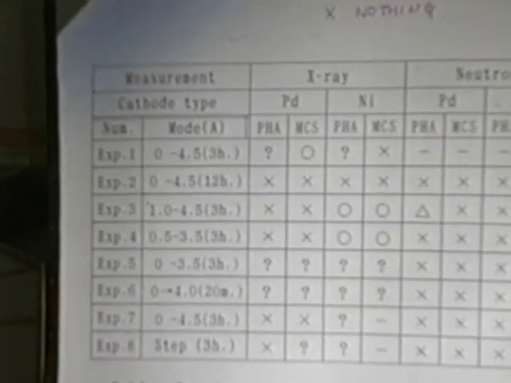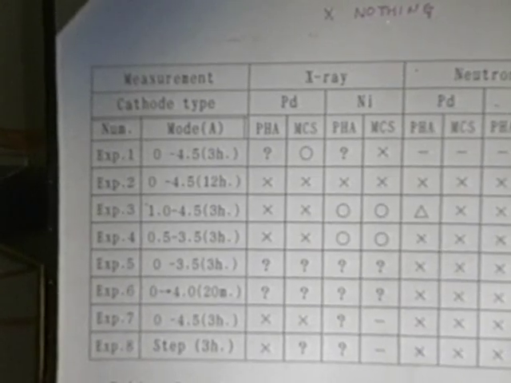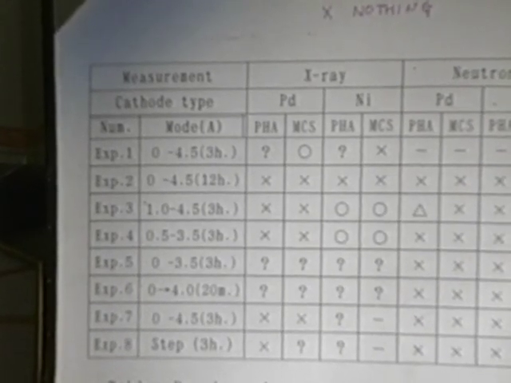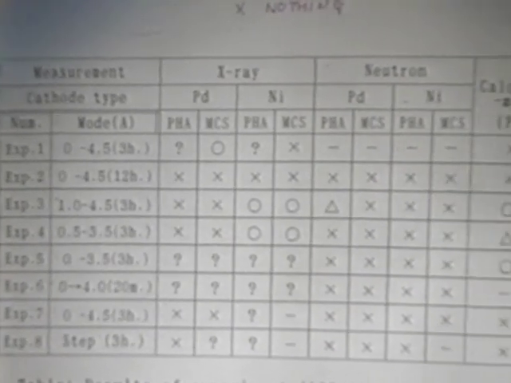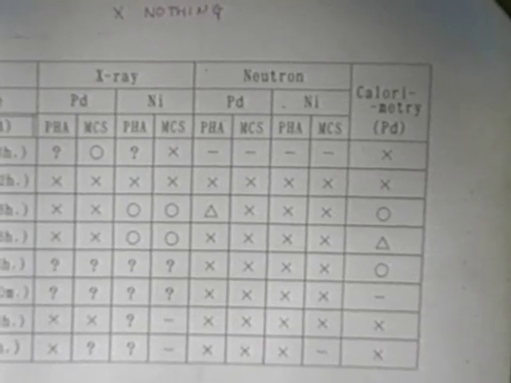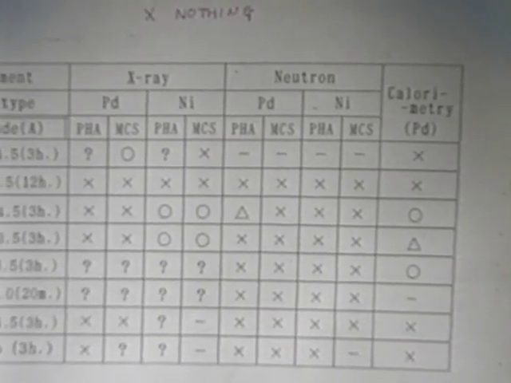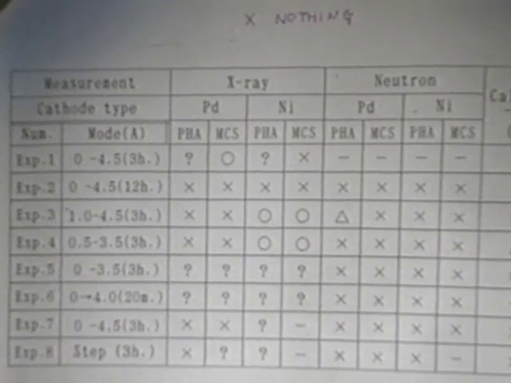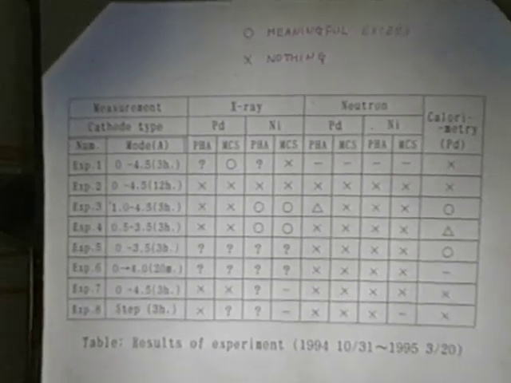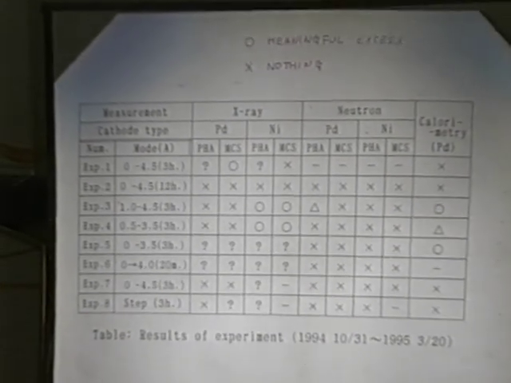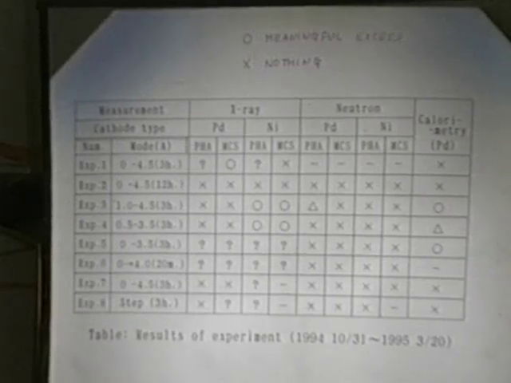By summarizing the observed results in a table, in quick view, with this circle, I want to show we have some meaning for the excess for neutron, X-ray or calorimetry. And this cross means nothing. And for X-rays, we have some meaningful data, either for palladium and nickel.